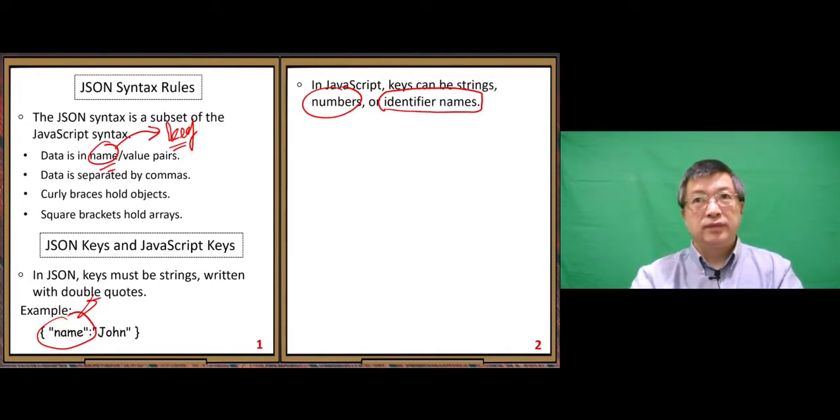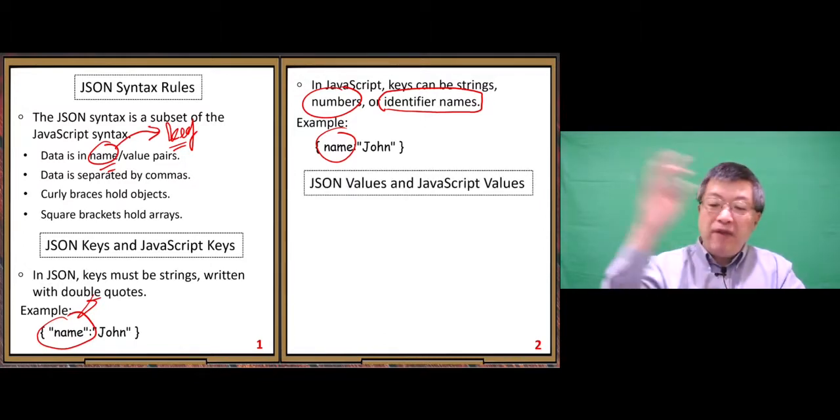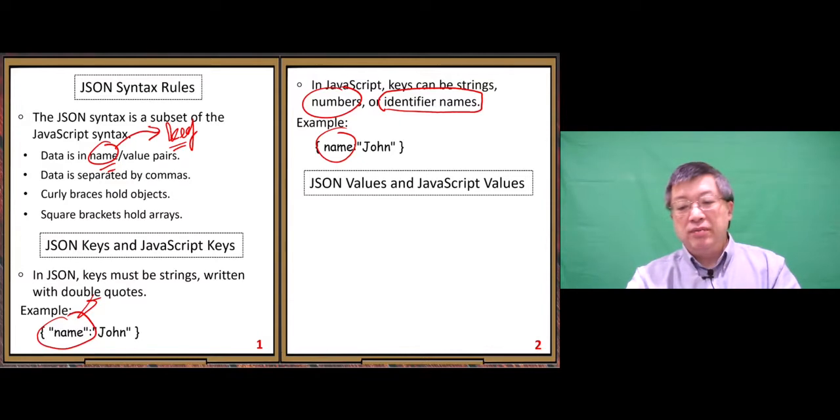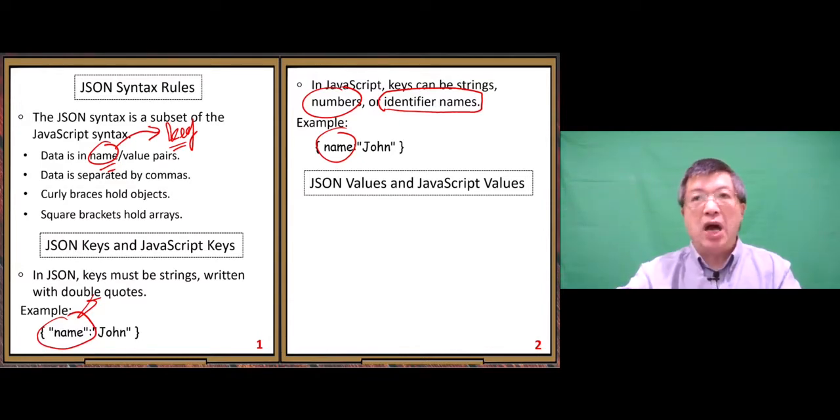So that's the reason. So when you see no double quotes, that's the identifier case, the variable name case. All right. Then we compare the values between these two closely related object types.